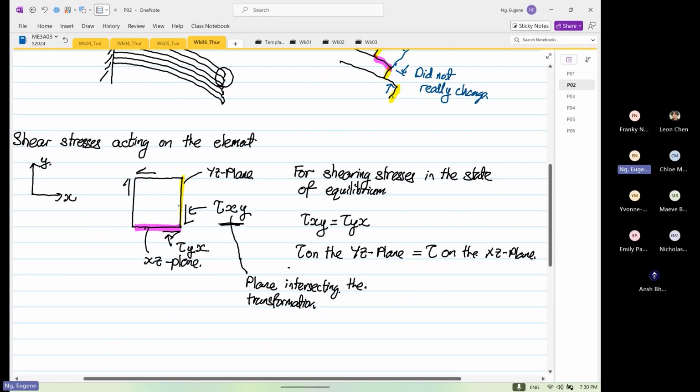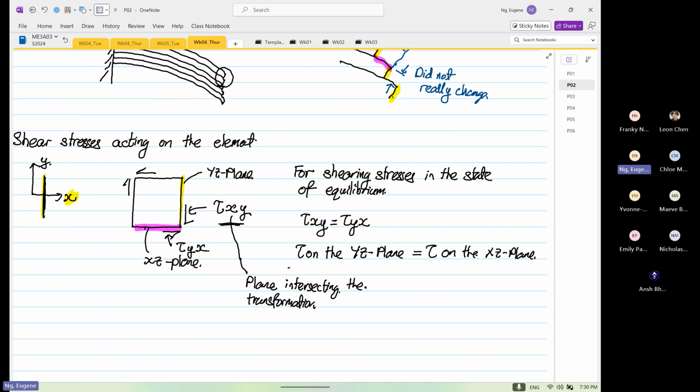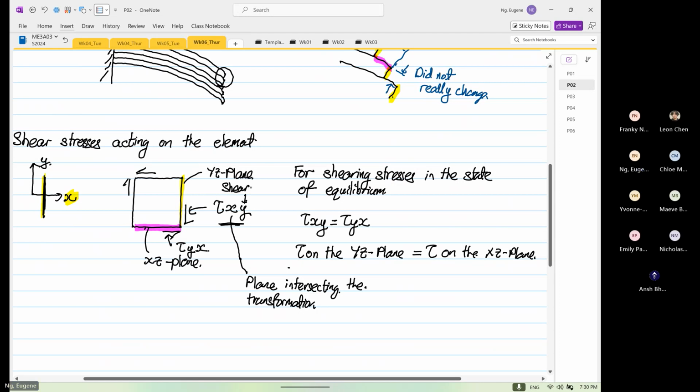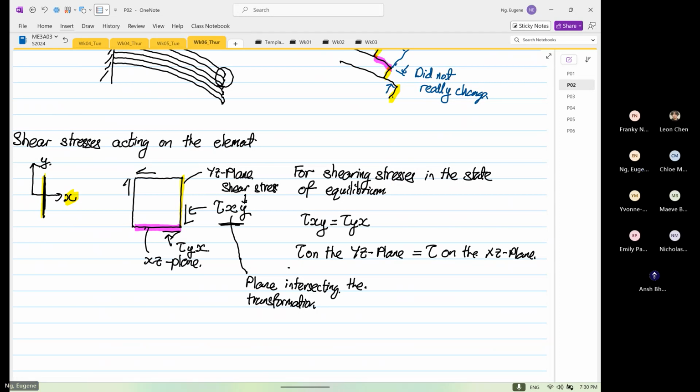So if you look at the yellow plane, the yellow plane is intersecting the x-axis. If I draw the yellow plane now and highlight it in yellow, it's intersecting the x-axis. So this is the first x. The next y that you see over here is the shear stress direction or orientation.